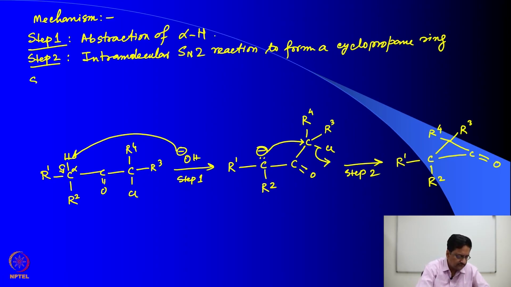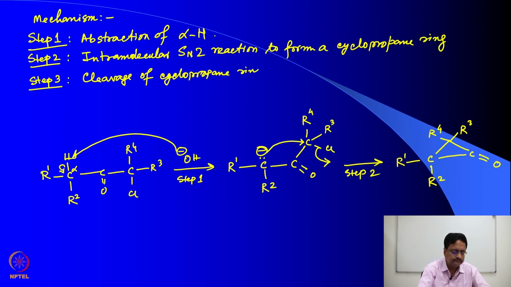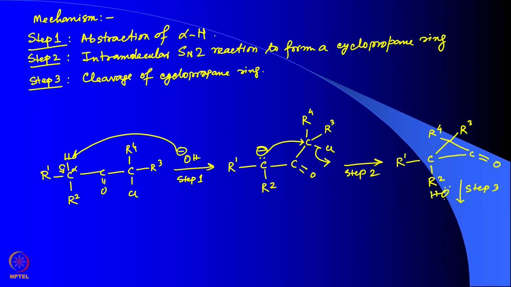So, step 3 is cleavage of the cyclopropane ring. In step 3, we have base in the medium. So, it attacks the carbonyl carbon and it forms an intermediate like this.